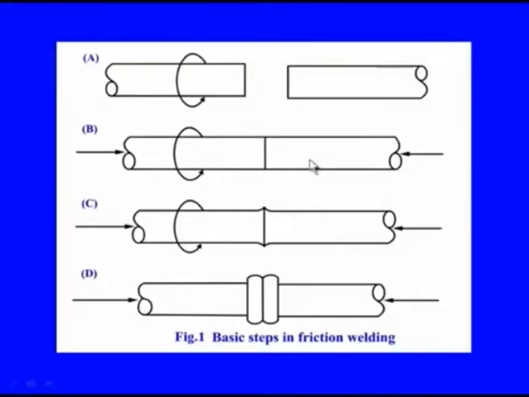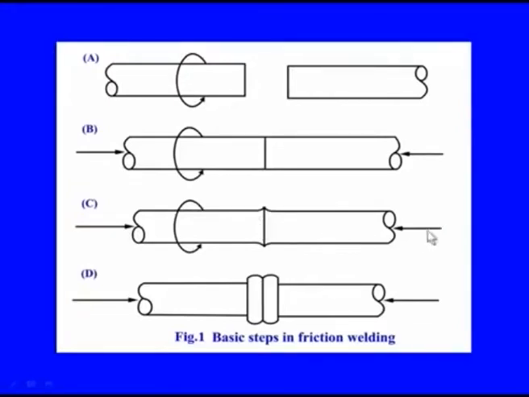Now, they will be put in contact with some light pressure initially from both sides, and as they start contacting and moving, the pressure will be slowly increased to a higher level. Because of this, temperature will be developed at this surface because of the friction, and this will cause the material on each side of the original objects to get softened.